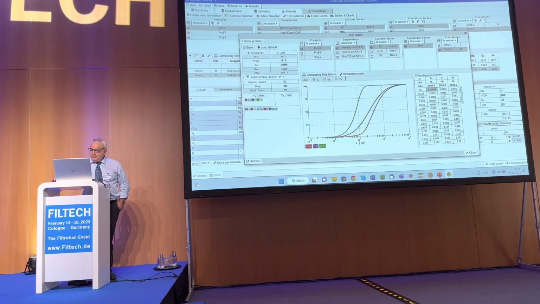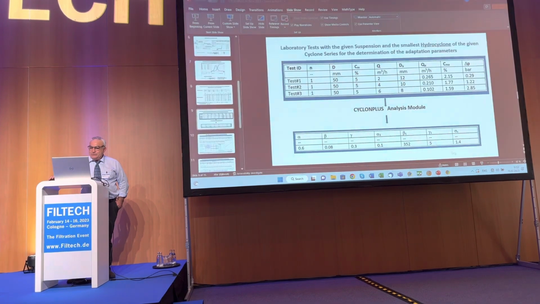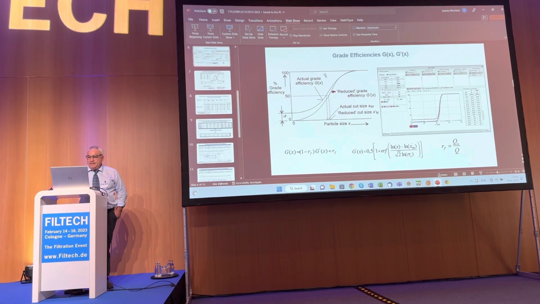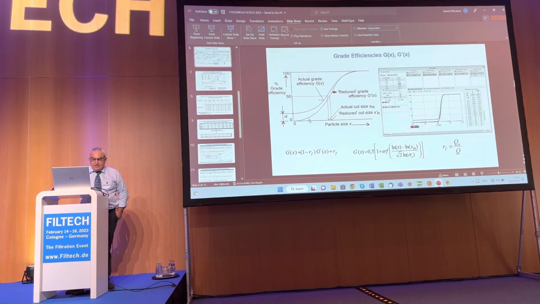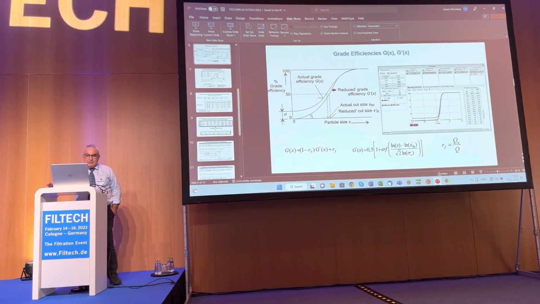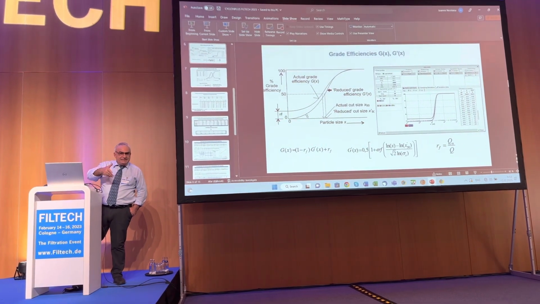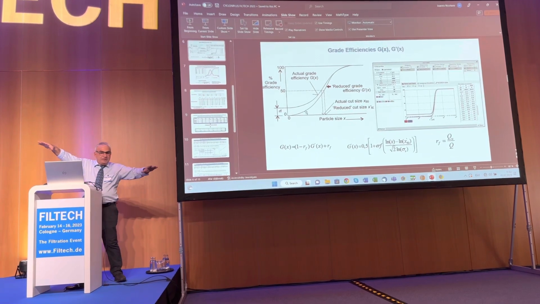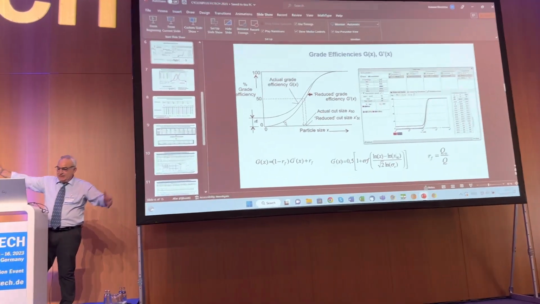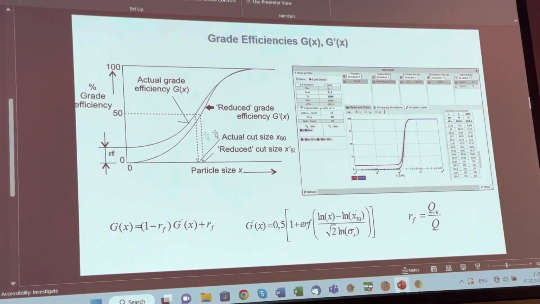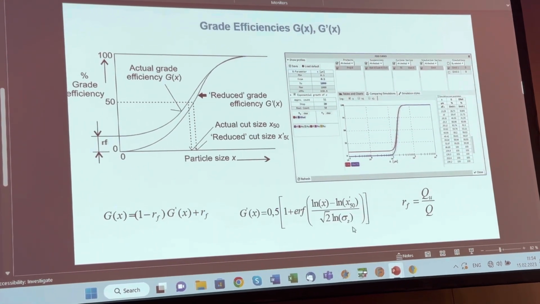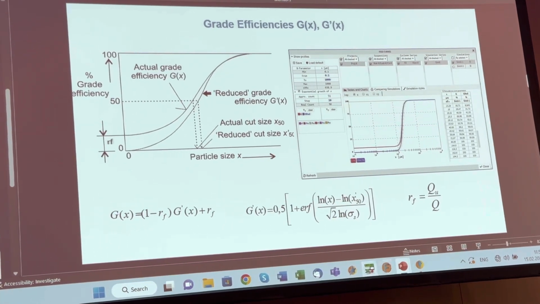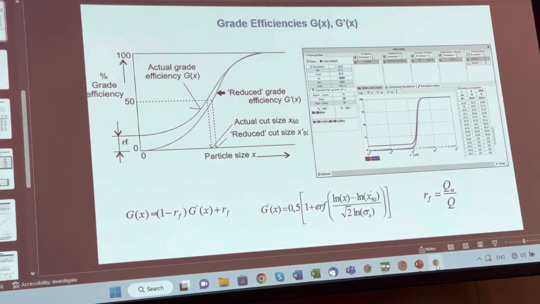The sigma S describes how the grade efficiency curve can be described by 2 parameters: the x50, the cut size, and the spread of this curve, characterized by the geometric standard deviation, which is the sigma S. That means the sigma S is important also for the determination of the design.